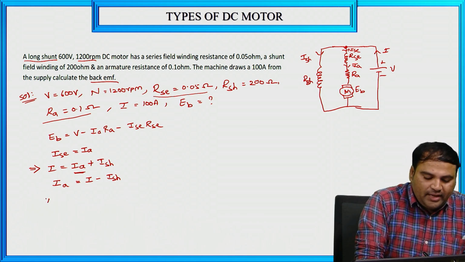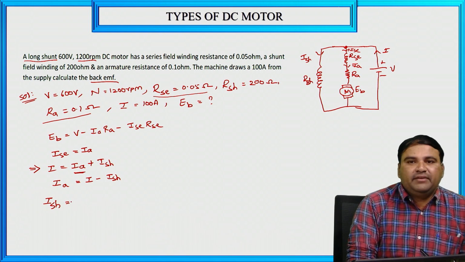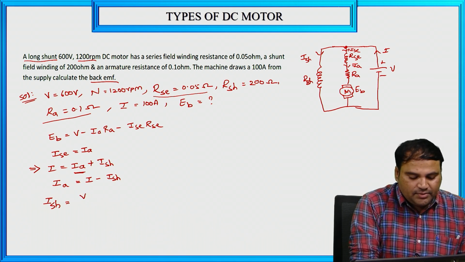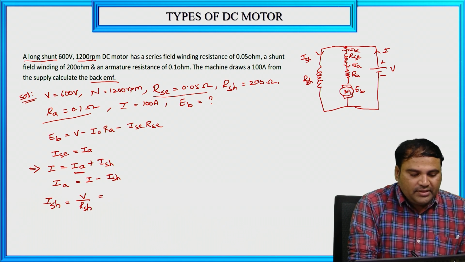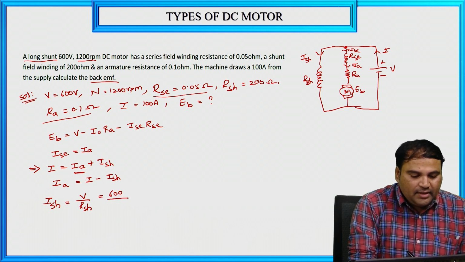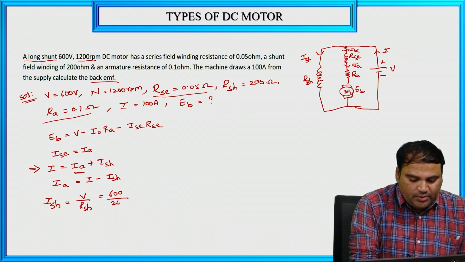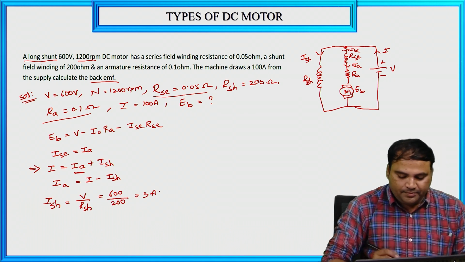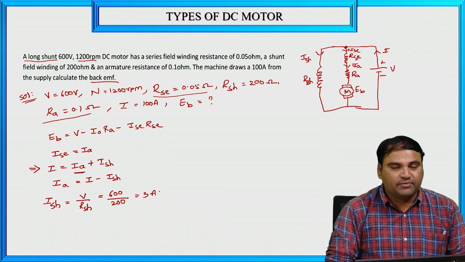So how can we calculate ISH? The equation is V divided by RSH. So V by RSH, what is V? 600 by RSH, which is 200, that equals 3 amperes. That is the ISH value.